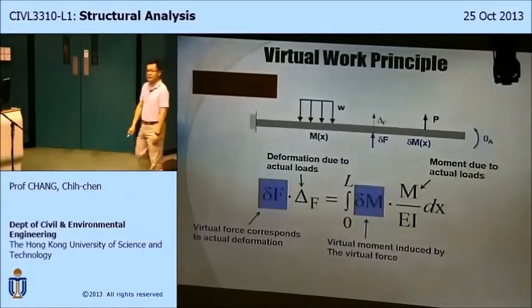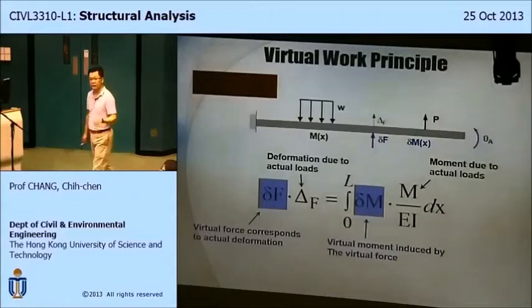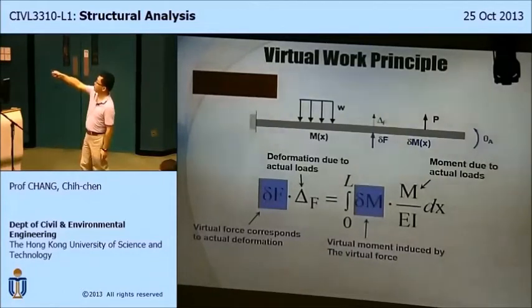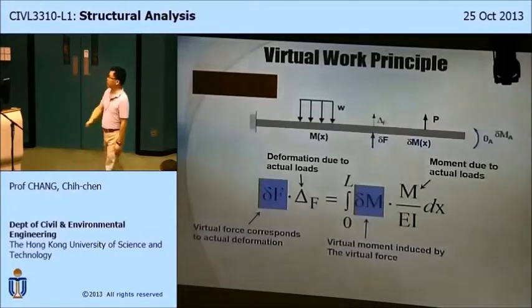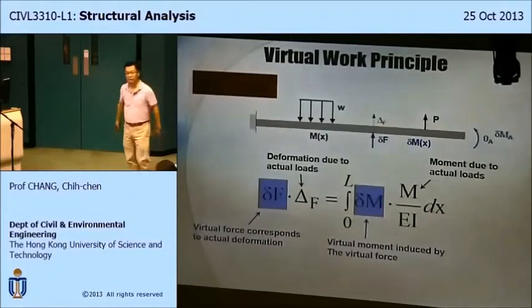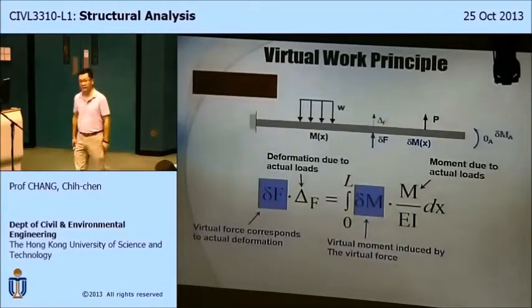Now, we can extend this concept to calculate rotation angle as well. If I want to calculate the rotation angle there or there, we can do that too. You just assume a corresponding virtual moment. Rotation angle and virtual moment form a virtual work pair.